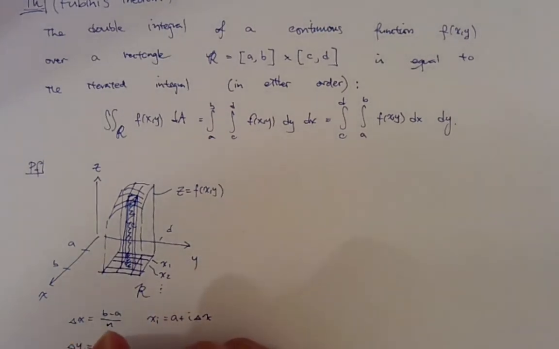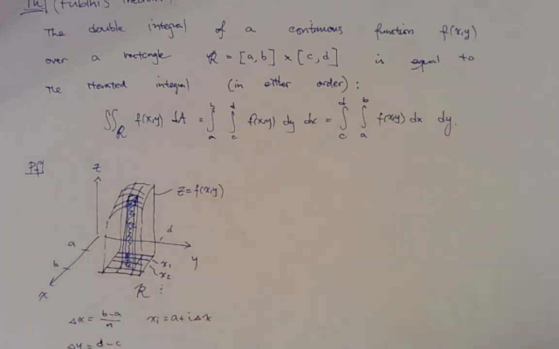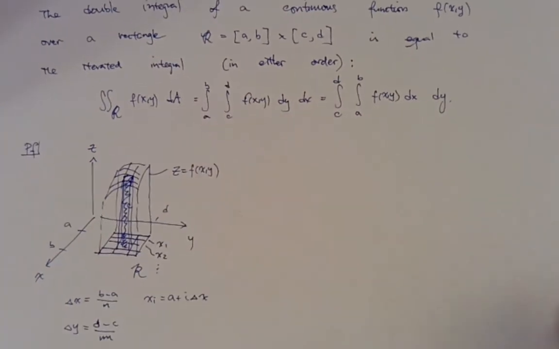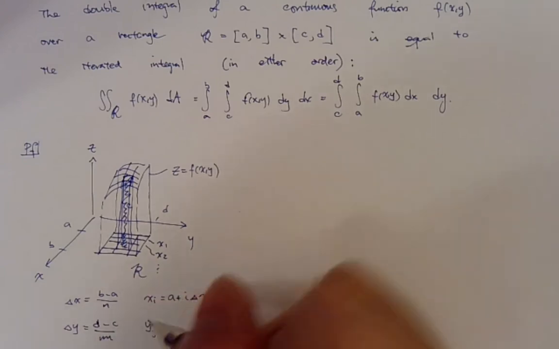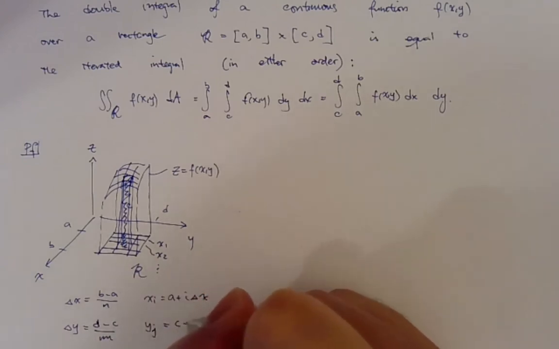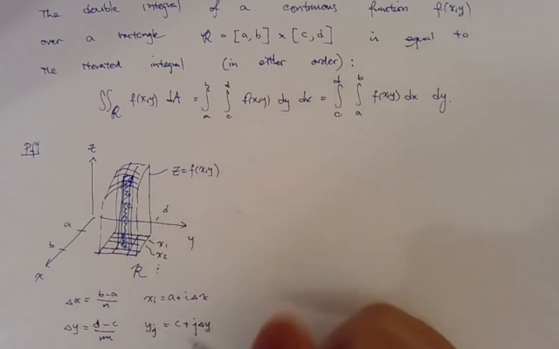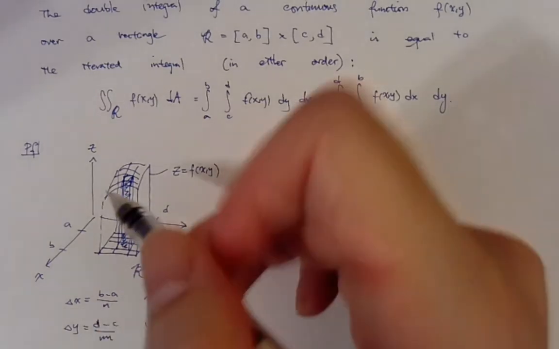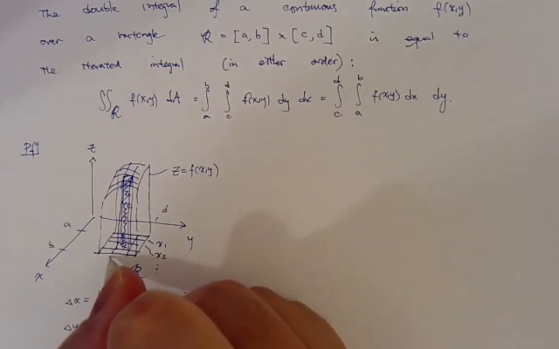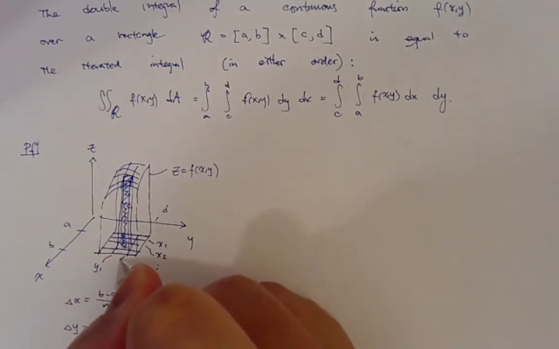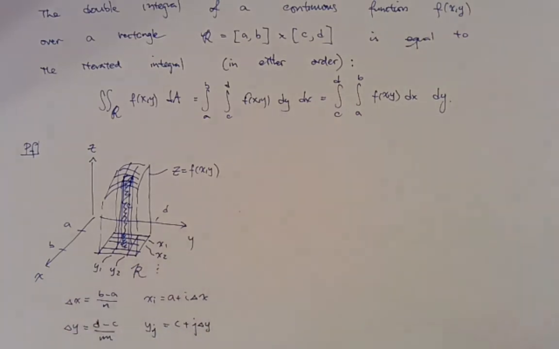Delta y equals d minus c over, let's use a different variable m, and y sub j equals c plus j times delta y. So we also have various coordinates here. This is y1, this is y2, and so forth.